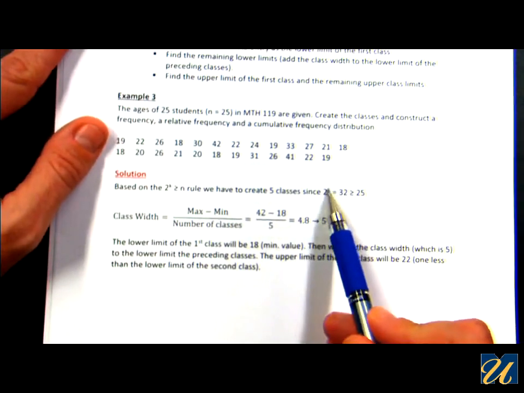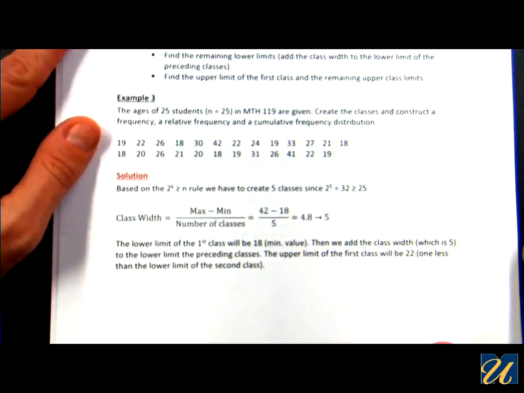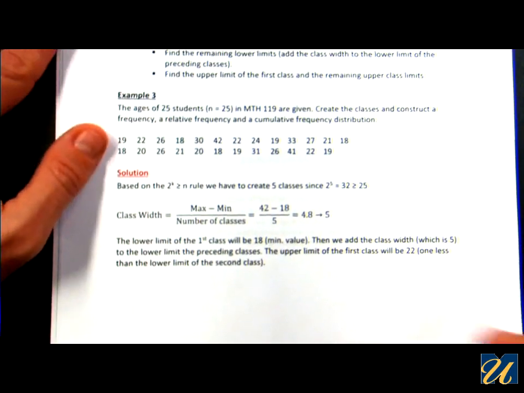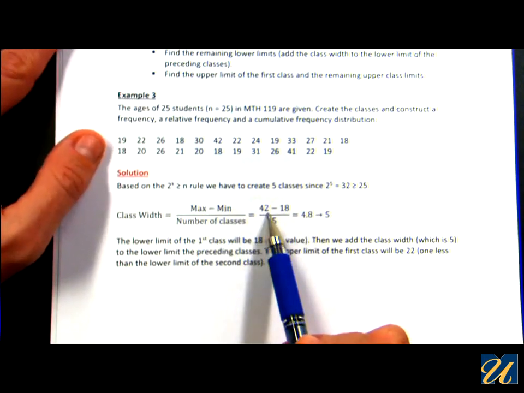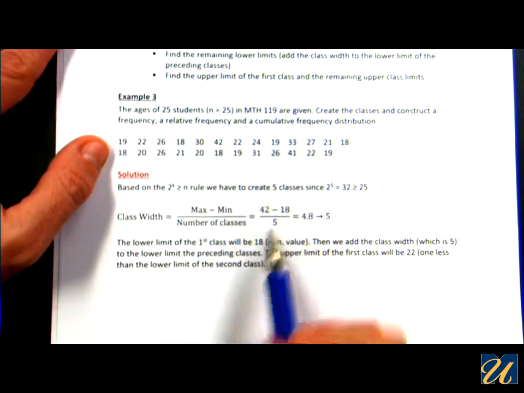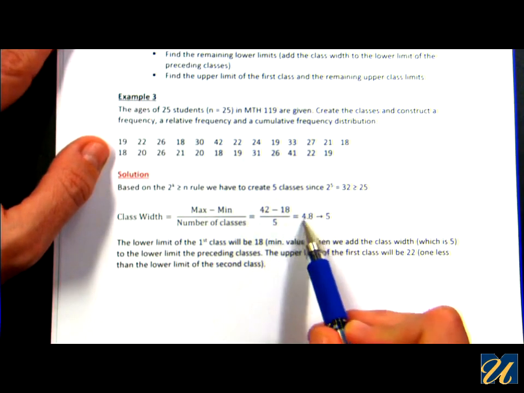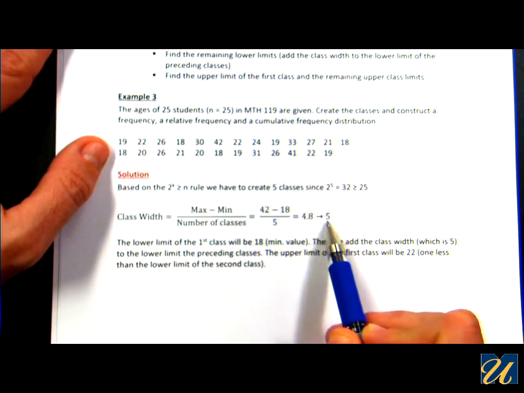If it was the 4th, it would be less than 25, so we would have to go to the 5th. So, range: maximum entry is 42, minimum entry is 18, 42 minus 18 over 5, this will give me 4.8. 4.8 we round to 5.